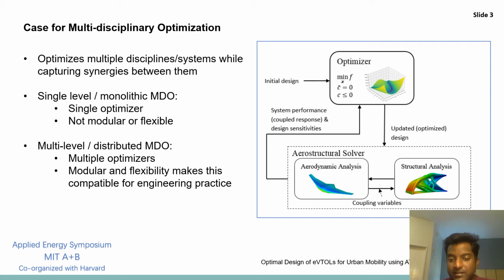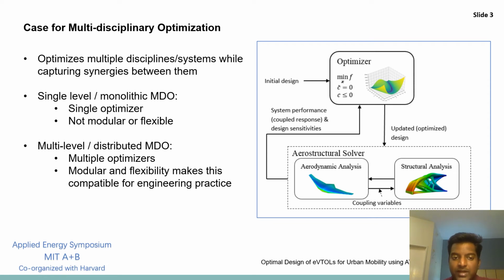As you can see, both these analyses are interrelated, or we could say coupled. This is the reason why, if you want to optimize a system like this, you need to consider the synergies that exist between two different disciplines, or it can also be two different components or subsystems.